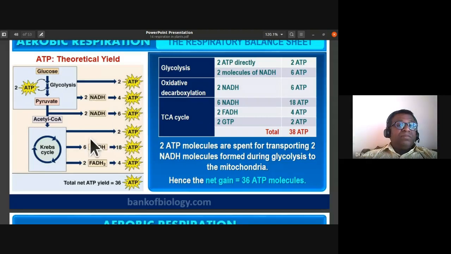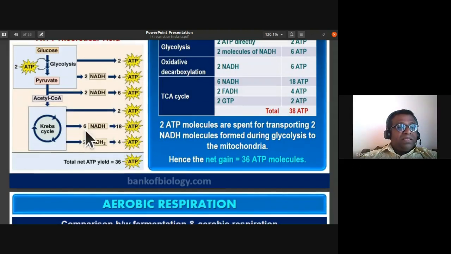The next step is the Krebs cycle. In the Krebs cycle, there is synthesis of 2 ATP and 6 NADH2, which is equivalent to 18 ATP. The two pyruvic acid molecules undergo two Krebs cycles, but a single Krebs cycle gives 3 NADH2, which you should be very much aware of. So totally it is 18 ATP, 4 ATP, and the total net yield is 36 ATP.